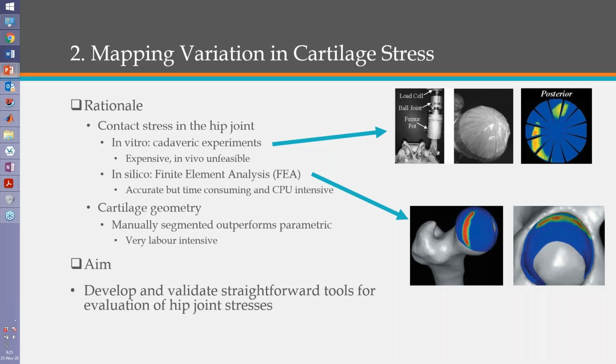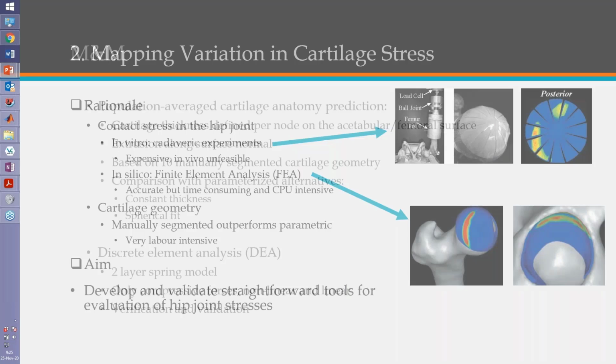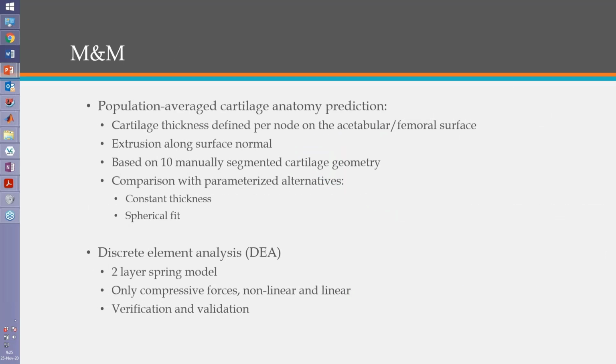We know that there's lots of literature on the fact that manually segmented, highly detailed cartilage geometries outperform parametric solutions, but it's extremely labor intensive to segment this on a hip joint. In that way, we wanted to develop and validate a more straightforward tool for the evaluation of hip joint stresses.